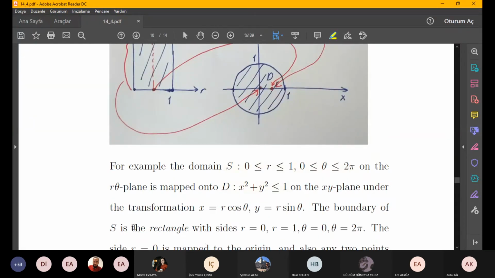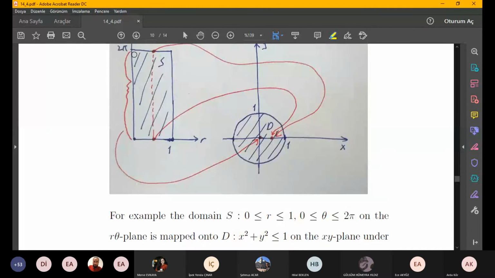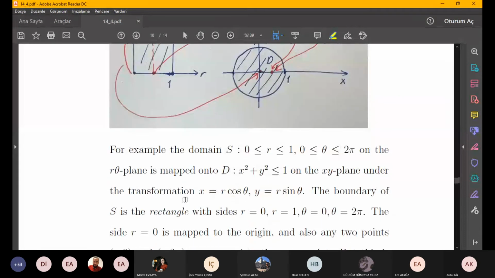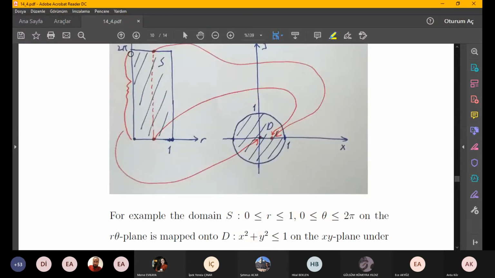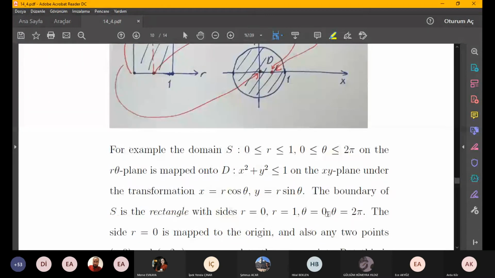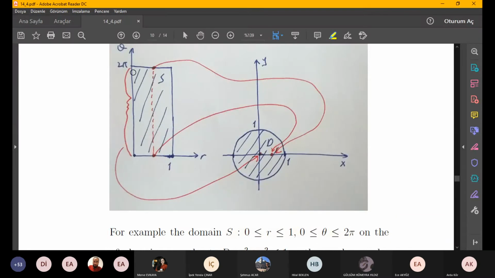The boundary of the region S is the rectangle with sides r equals 0, r equals 1, theta equals 0, and theta equals 2 pi. So those are the boundaries of S.